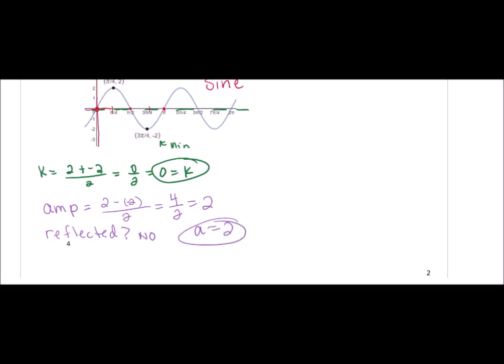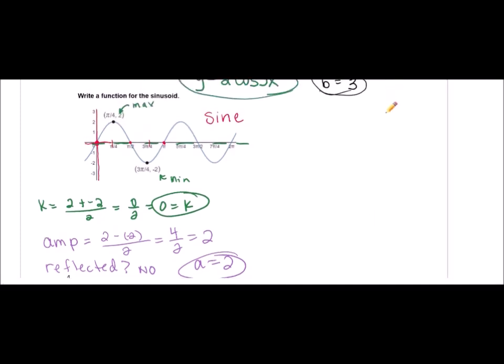Next, we are going to find the period so we can determine B. Again, it has to make one cycle, and it looks like the cycle ends right there at pi. So P equals pi, which means B equals 2 pi divided by P, which is 2 pi divided by pi. Those cancel, so B equals 2.